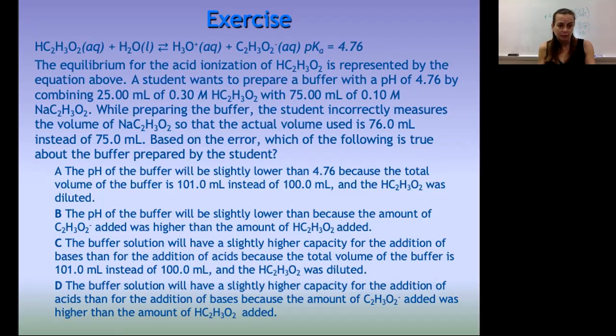So what are we looking at? We should have a pH that's higher, and we also know that it's going to have a slightly higher capacity for acid than for base, because more base was added than acid. And so our answer is D.